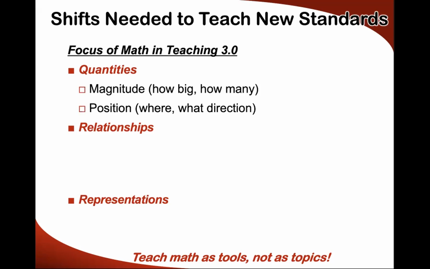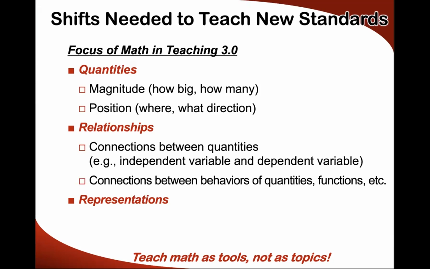Where, what direction. Even complex numbers, if you already know this, there are people who are calling it lateral numbers rather than imaginary numbers, because there's a series of videos that's really fascinating about complex numbers, but it's about position and magnitude at the end of the day.